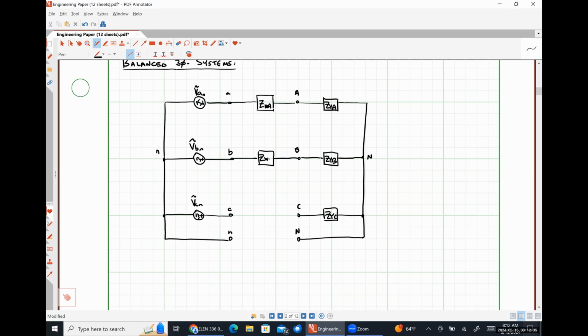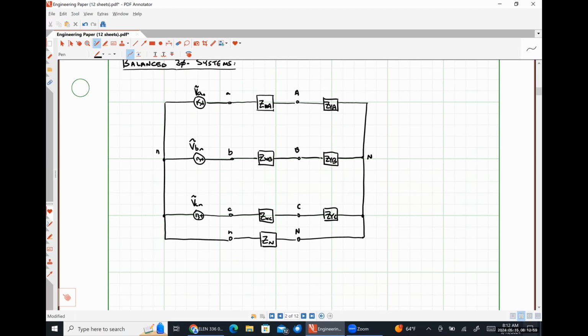This will be ZWB. This one will be ZWC. And our neutral conductor will also have some impedance that I'm just going to call ZN.